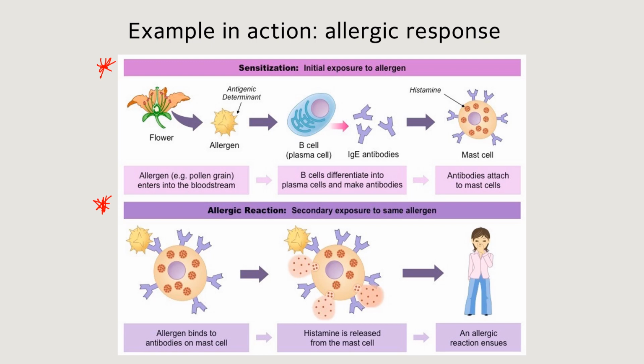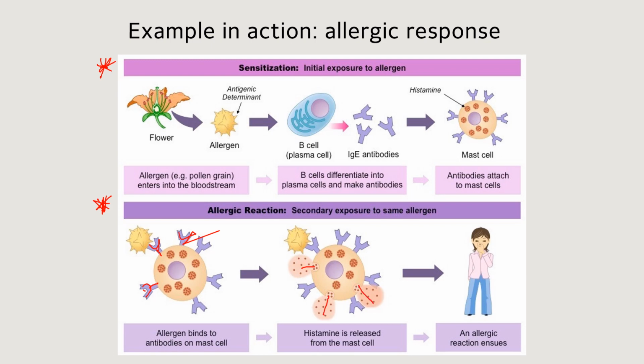Then we're exposed to it again. It's a secondary exposure, and this is when the reaction happens. Because we've already been exposed to the allergen once, we've already got those antibodies formed towards that antigen, and they're already attached to mast cells. So when we get exposed again, there's going to be an immediate response, and that response is going to be a mass release of histamine.